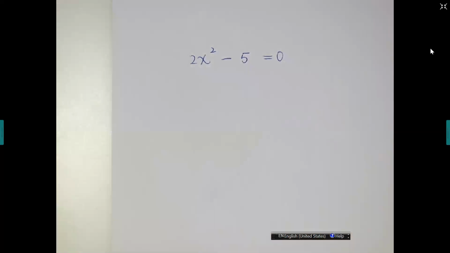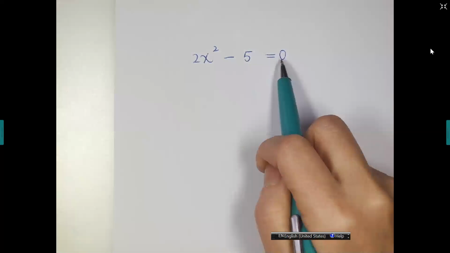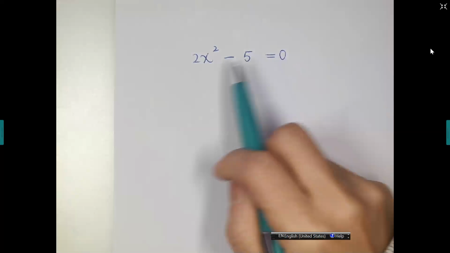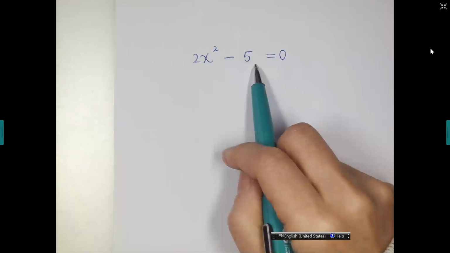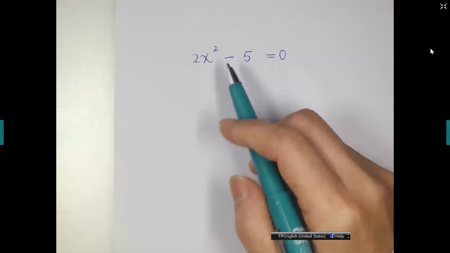If we are given an equation like this and asked to use the quadratic formula, let's see how we can find A, B, C. If this is standard form, we see 0, and it is in descending order. So yes, this is a standard form already. Then we want to know, what is A?